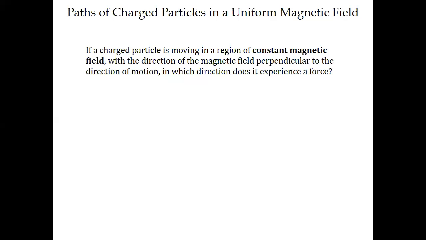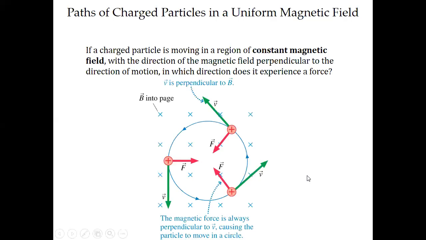If a charged particle is moving in a region of constant magnetic field with the direction of the magnetic field perpendicular to the direction of motion, in which direction does it experience a force? Well, in this case, it actually gives rise to a circular motion. So imagine a charged particle in a constant magnetic field, and it starts off by going up and to the left here.